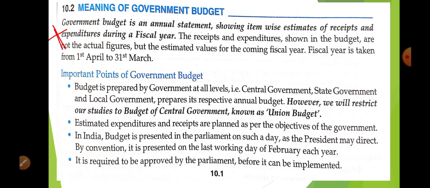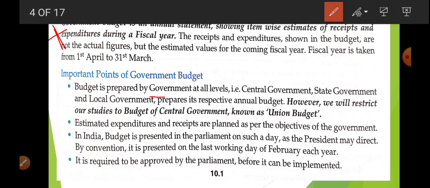Now, important points regarding the budget. First, the budget is prepared by government at all levels: central, state, and local. Each prepares its respective annual budget.